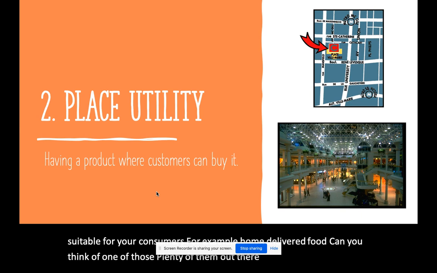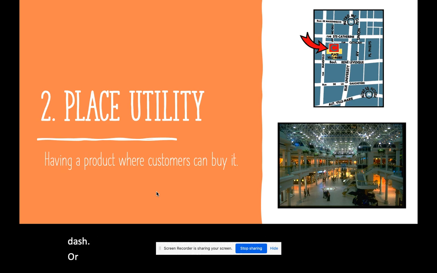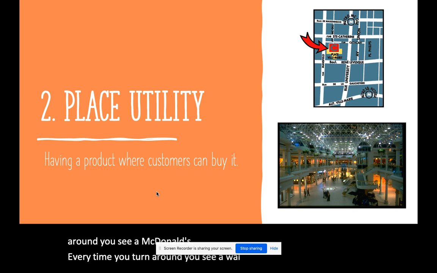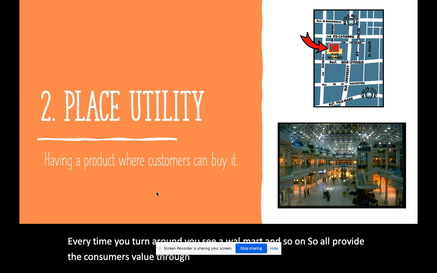Uber, Grubhub, DoorDash, or mobile services, stores with lots of locations. Every time you turn around, you see a McDonald's. Every time you turn around, you see a Walmart, and so on. So all provide the consumers value through the ease of availability. Okay, so that's place utility.